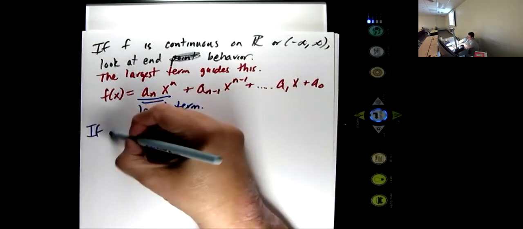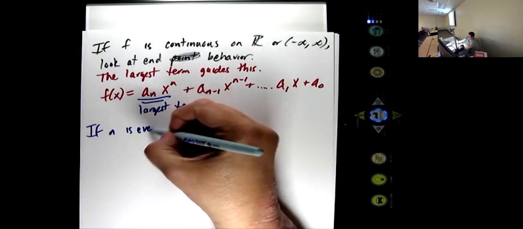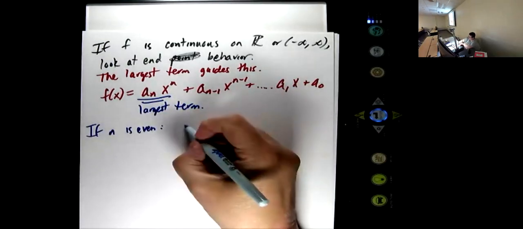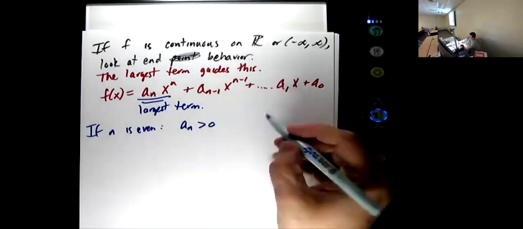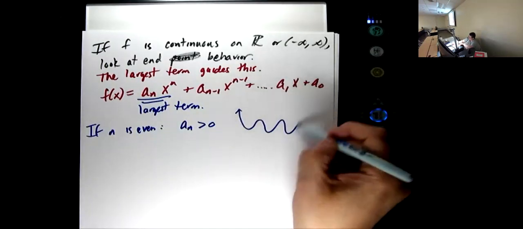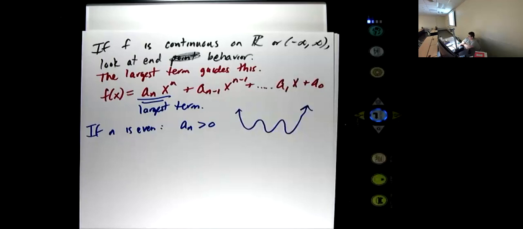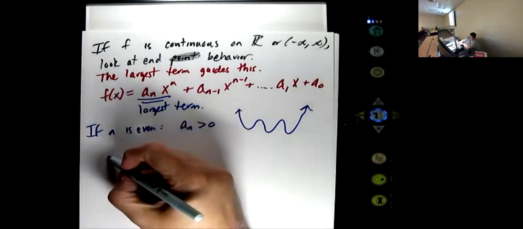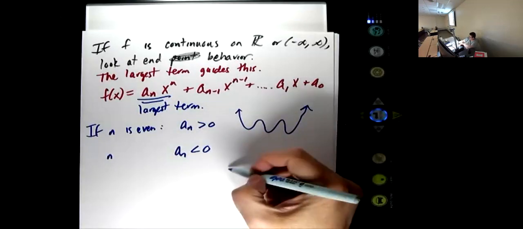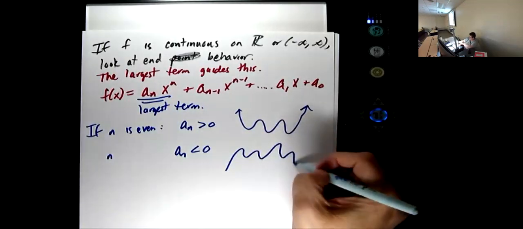If n is even, we have two scenarios. If a_n is greater than 0, we get a graph going up like that. If a_n is less than 0, we get one doing this.